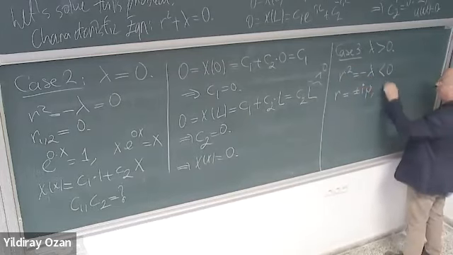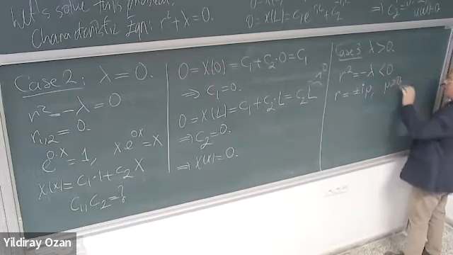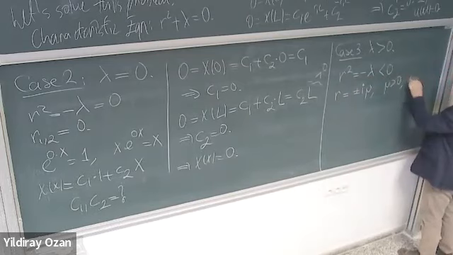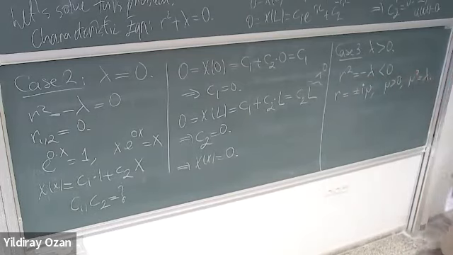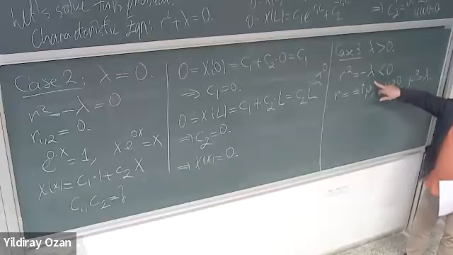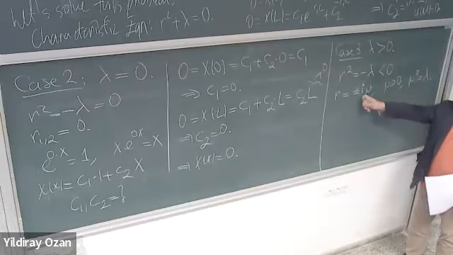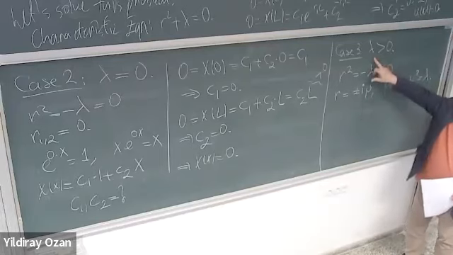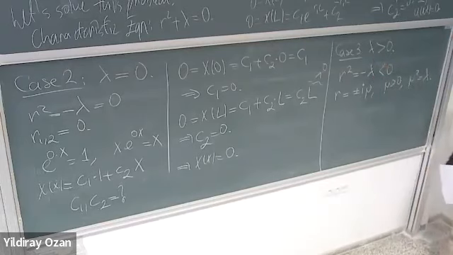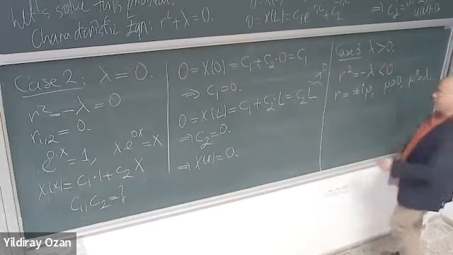Mu is a positive number so that mu squared is lambda. The square root of minus lambda, where lambda is a positive number, is purely imaginary, i times the square root of lambda. So let me just keep it like this.